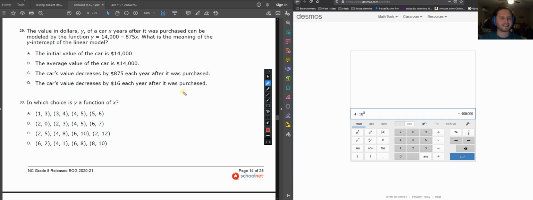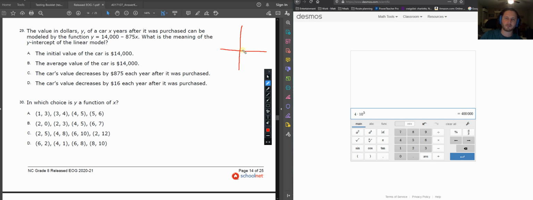For number 29, the value in dollars Y of a car X years after it was purchased can be modeled by the function 14,000 minus 875x. What is the meaning of the y-intercept in this linear model? So, we've got our graph right here.